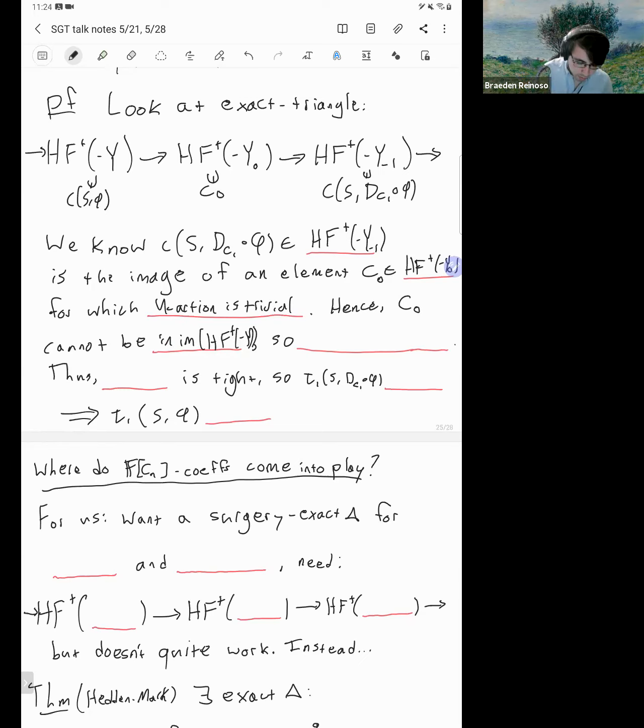So that means that the contact class where you add a single Dehn twist is non-zero. That tells you, again, that your contact structure associated to adding a single Dehn twist is tight.